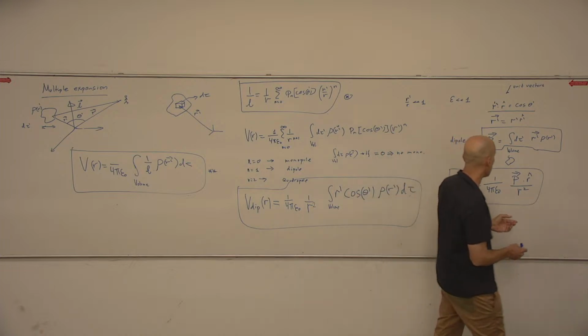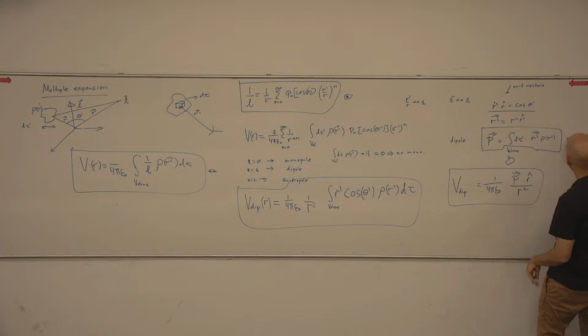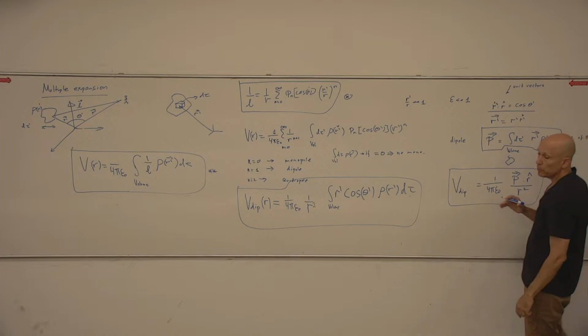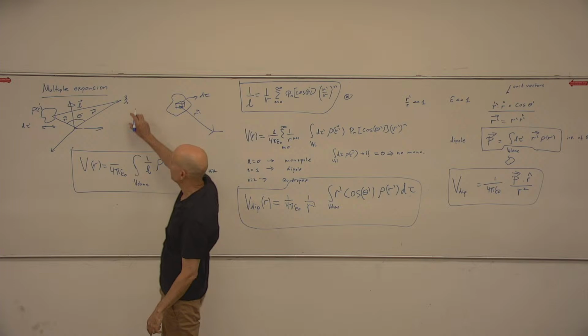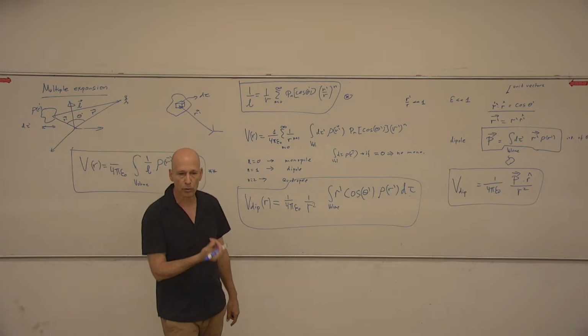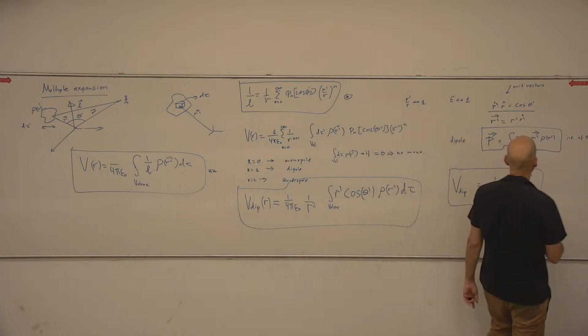But what is the nice thing about this? You see, P is a property of the medium. It's independent of theta prime. It is independent of R. You calculate it and then you can move to different places. It doesn't matter. This is a property of the problem itself.